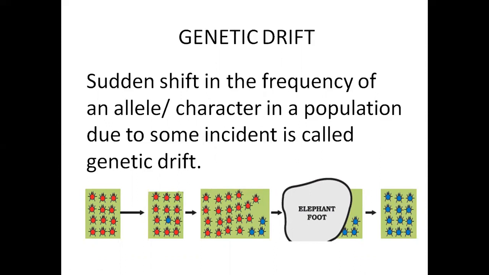There is a sudden shift in the frequency of the characteristic, from red color to blue color, and this has happened due to some natural calamity or some incident. Here the blue color was not having any survival advantage. Such a process is known as genetic drift.